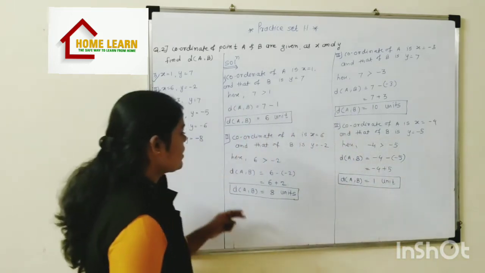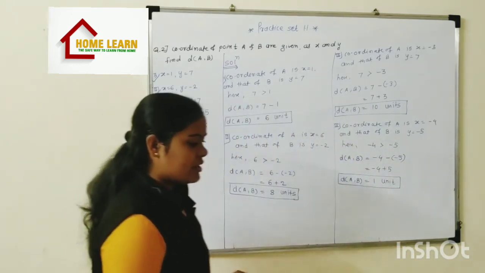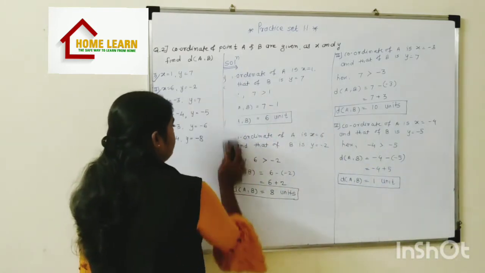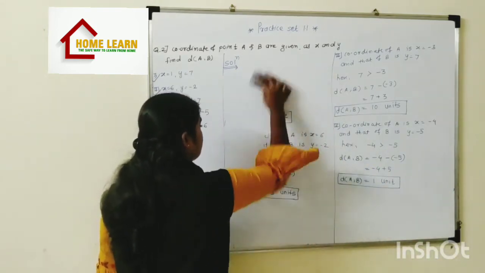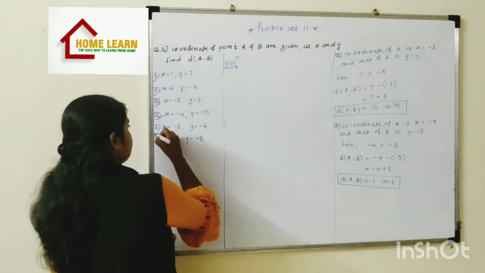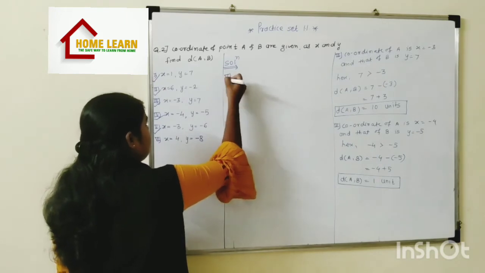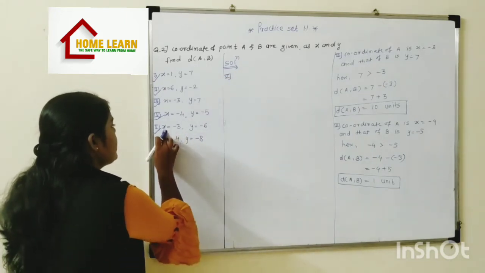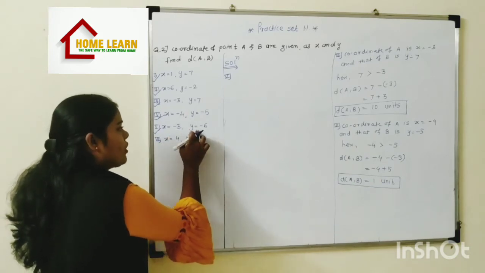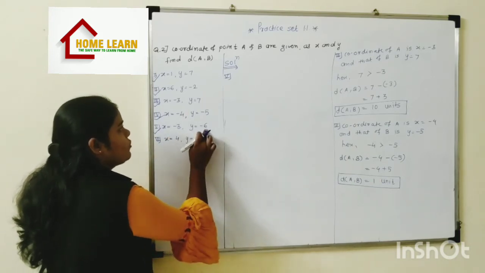Now next one, always remember that the distance between any two points is always a positive number. Now the fifth one, see here, the coordinate of point A is given as x is equal to -3 and the coordinate of point B is given as y is equal to -6.